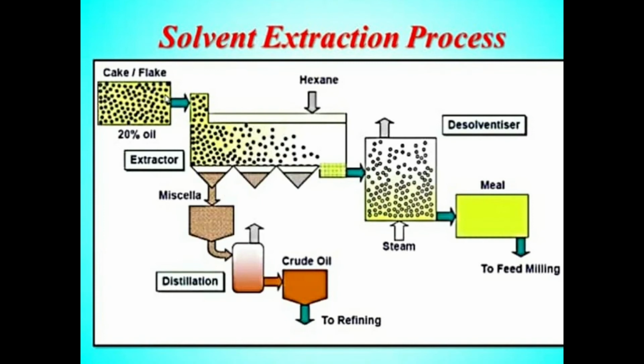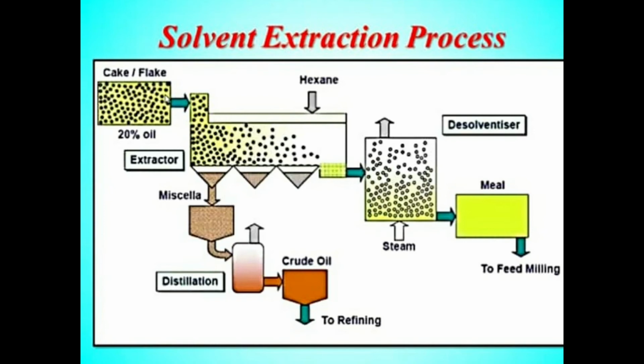And now, what is miscella? Miscella is the mixture of oil and solvent. Here again a distillation process is carried out. In the distillation process, the temperature of the miscella is raised, and the boiling temperature of the solvent is very much lower than that of the oil.